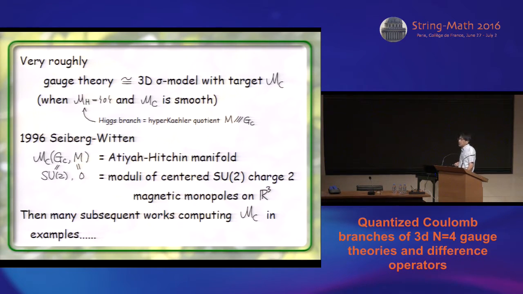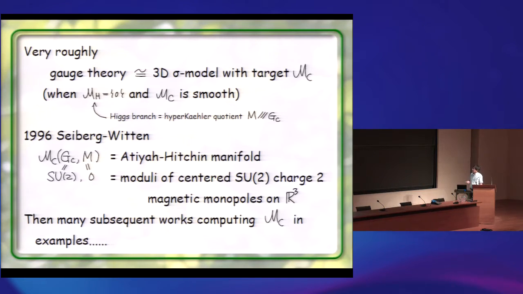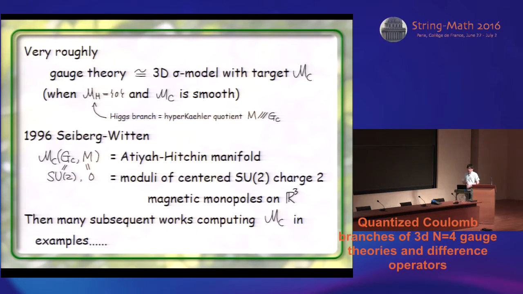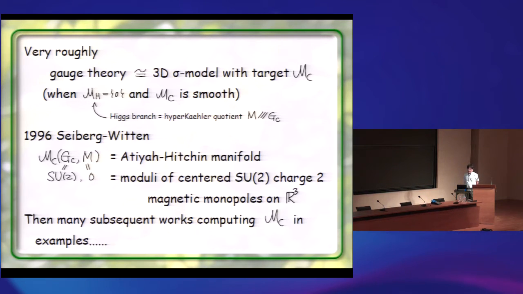Then in 1996, Seiberg and Witten computed the Coulomb branch for the case when G_C is SU(2) and M is equal to 0. They originally computed the Coulomb branch for the 4-dimensional theory, and the 3-dimensional theory can be obtained by a kind of reduction from the 4-dimensional answer.